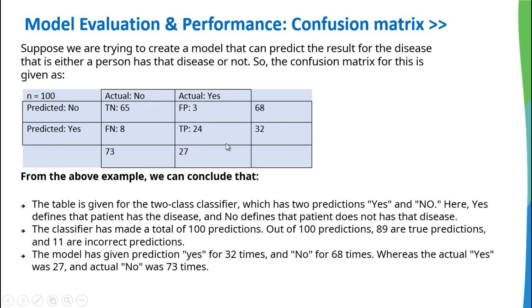We also have 11 incorrect predictions, which is 8 plus 3. The model has predicted yes 32 times and no 68 times, whereas the actual yes was 27 and the actual no 73. When you subtract these, you can see the misclassification error. That is how we calculate it.